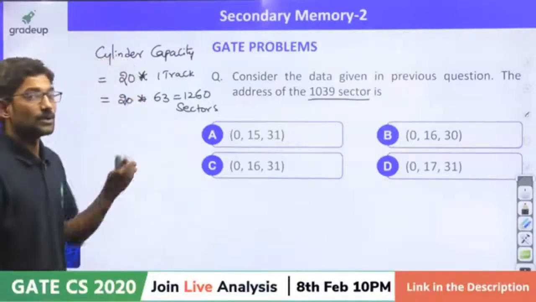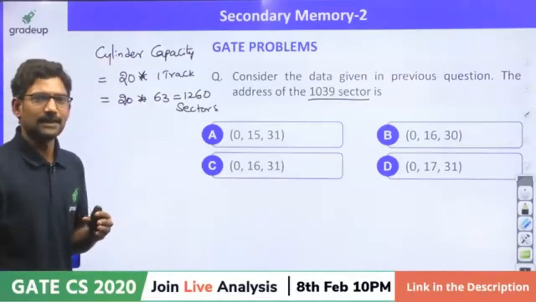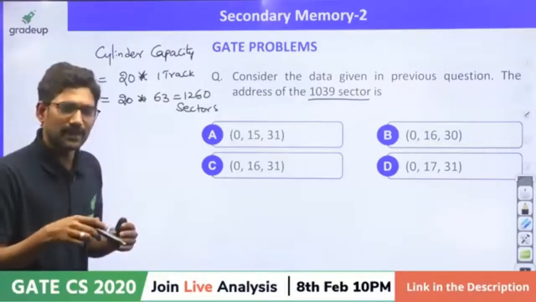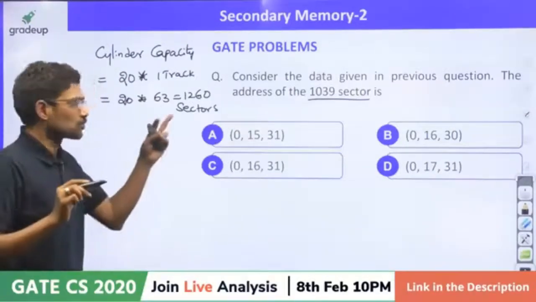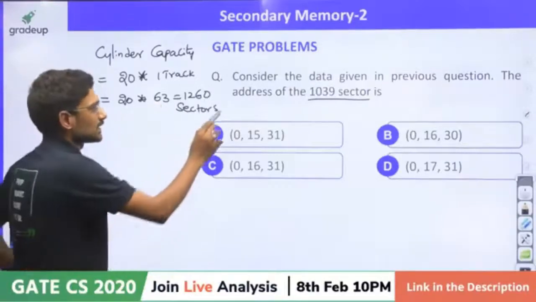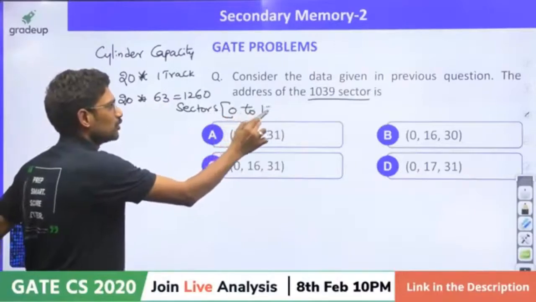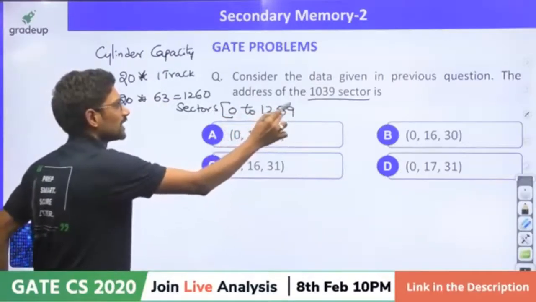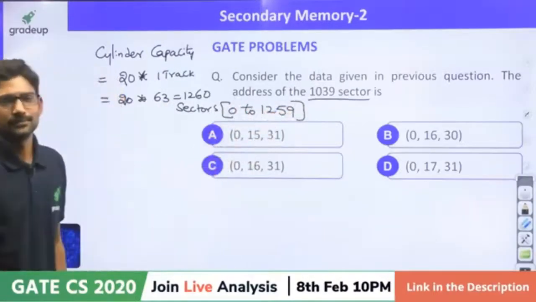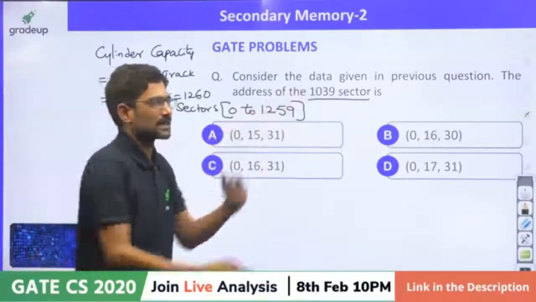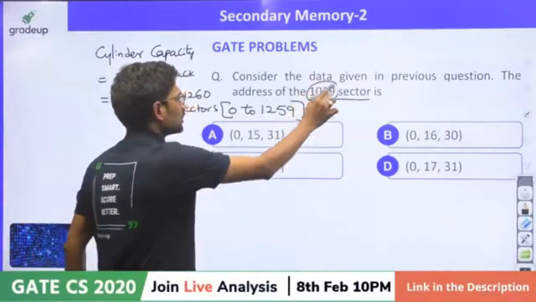We know how the numbering happens. Definitely numbering happens in sequence. So these 1260 sectors would definitely be numbered from 0 to 1259, isn't it? Numbering starts with 0, we know. Now observe, what is our sector number? 1039.